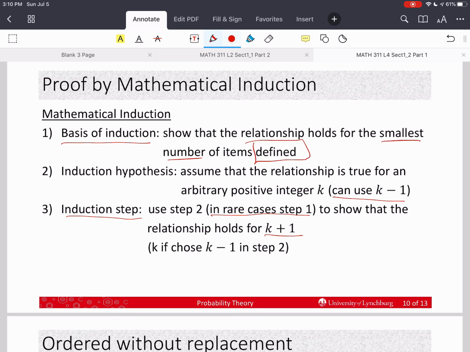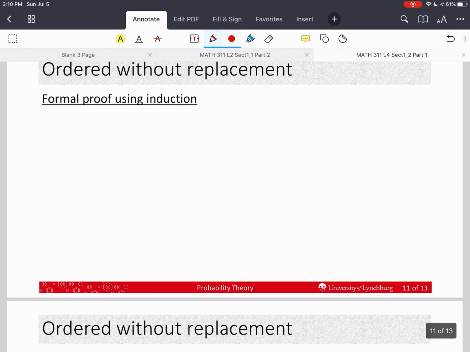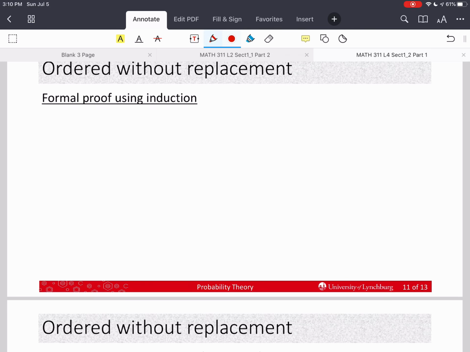Okay. Now, if we chose k minus 1 in step 2, instead of k plus 1, we'd use k. So now let's do our formal proof using induction. So the first step is our basis, and I don't need you to write basis of induction, but if you want to for yourself, that is fine.